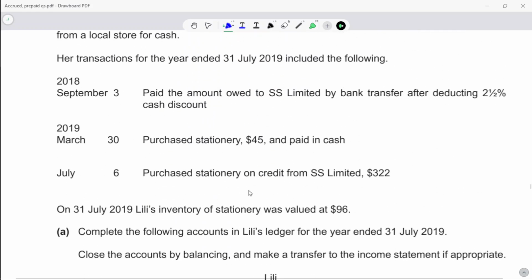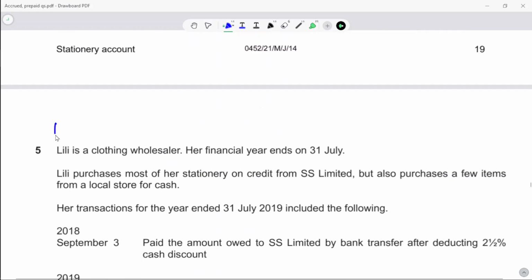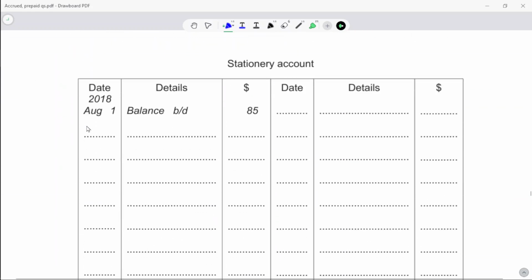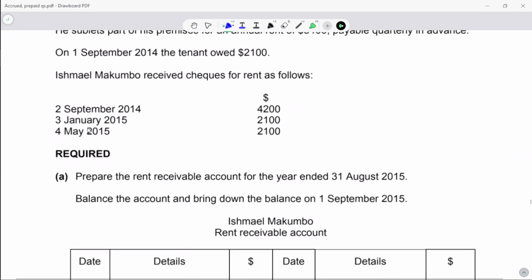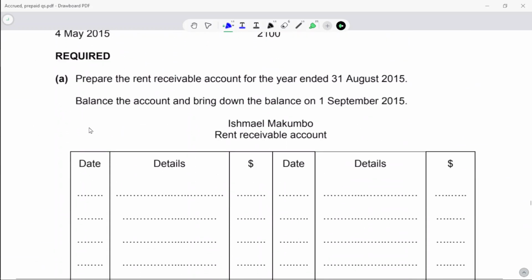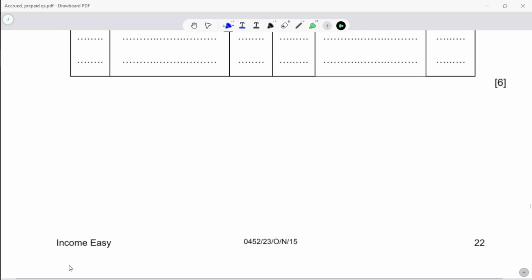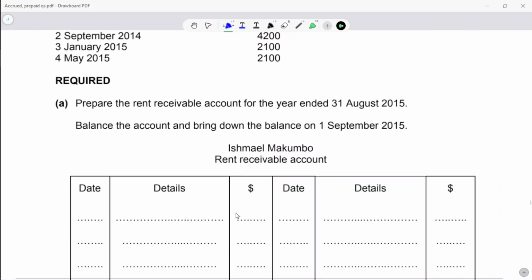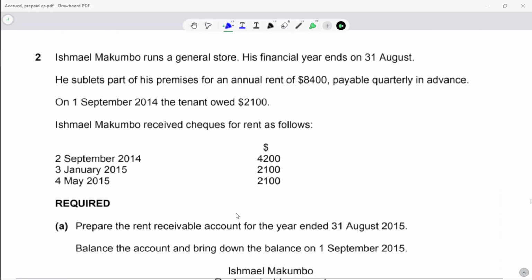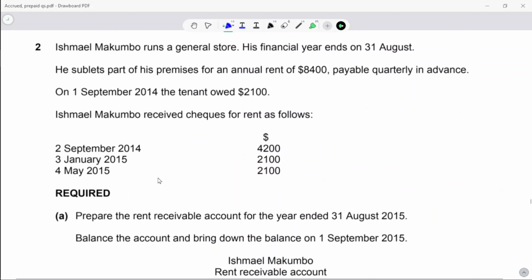This one I want you to try as homework. The next question will be income. This one is a rent receivable account.